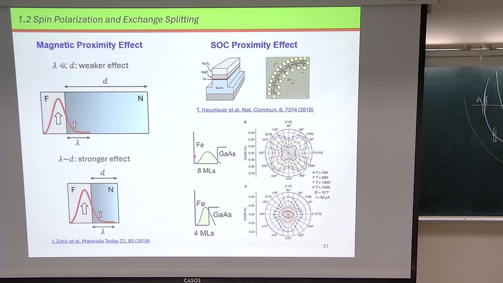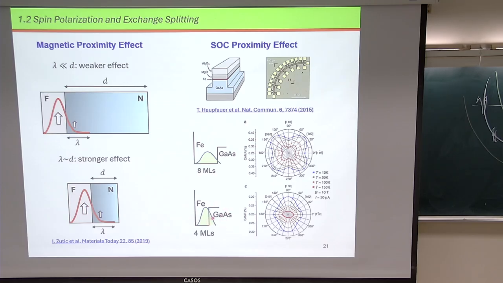But depending on how these states from iron penetrate into this barrier of gallium arsenide, if they penetrate a lot, they will pick up more information about this break of symmetry at the interface, and we have a stronger spin orbit coupling effect. So you want this penetration to be large, and you will need to make this ferromagnetic layer very thin, so that the states can penetrate more into the gallium arsenide. Okay.